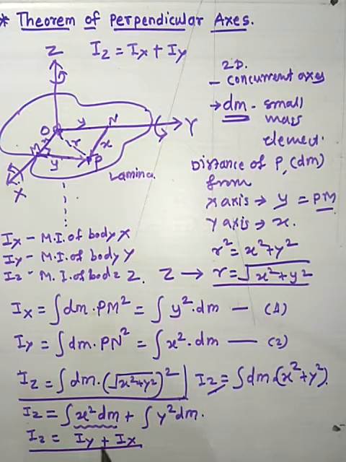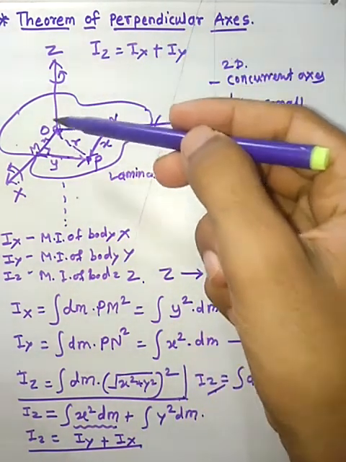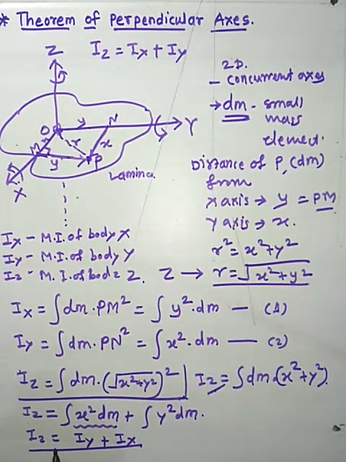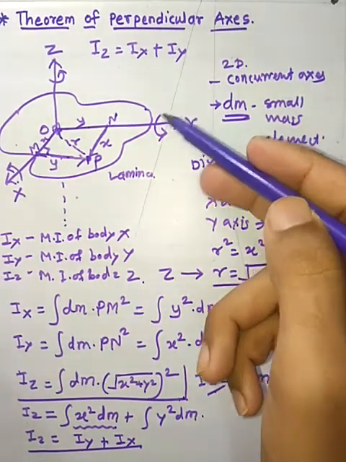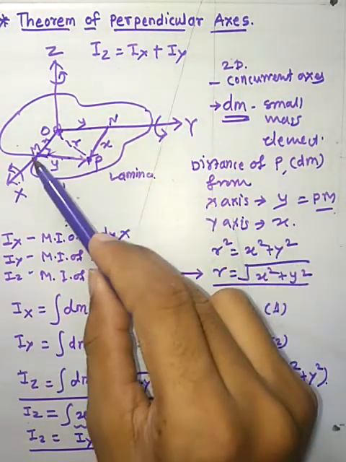So what it tells is that the moment of inertia of any body about a perpendicular axis or z axis, which is perpendicular to its plane lamina, is calculated by the addition of the moment of inertia of the same body about the x-axis and y-axis respectively, a sum of the moment of inertia of that body about its two mutually perpendicular axes which are in the same plane.